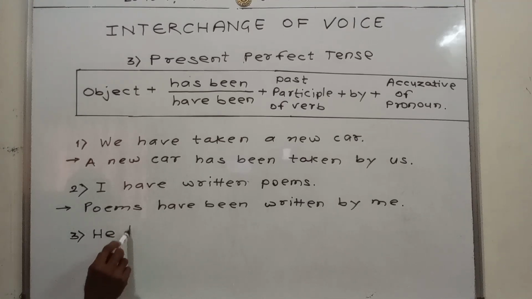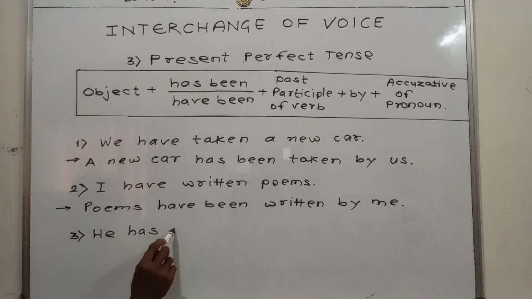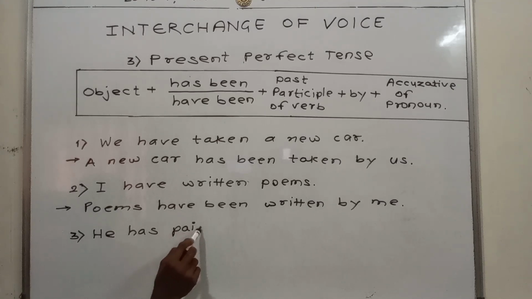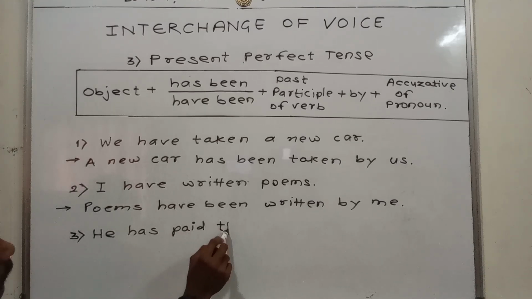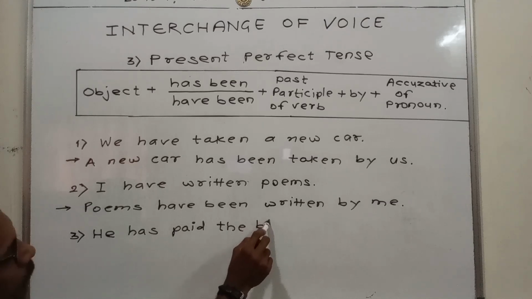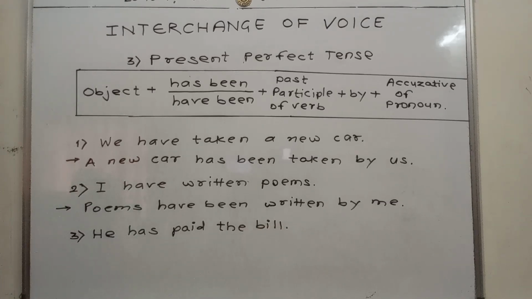Then next one we take he has paid the bill. Okay. Now here he subject, has auxiliary verb, paid main verb, and the bill object. So first we write object, the bill.